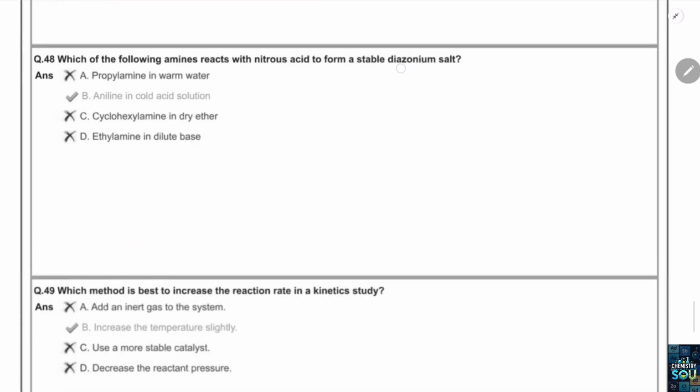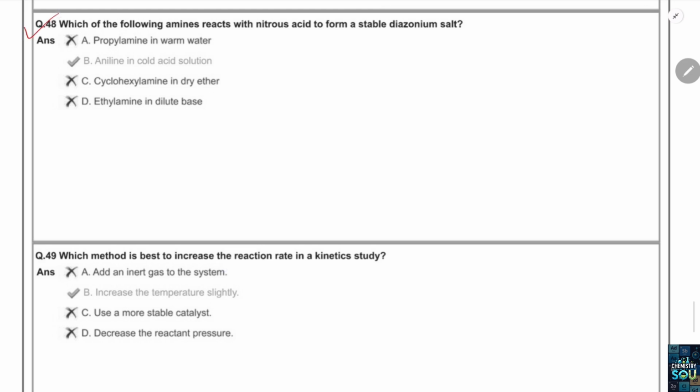Option D is correct. In question number 48, which of the following amines reacts with nitrous acid to form a stable diazonium salt? Propylamine in warm water, aniline in cold acid solution, cyclohexylamine in dry ethyl, ethylamine in dilute base. Let's draw propylamine first.